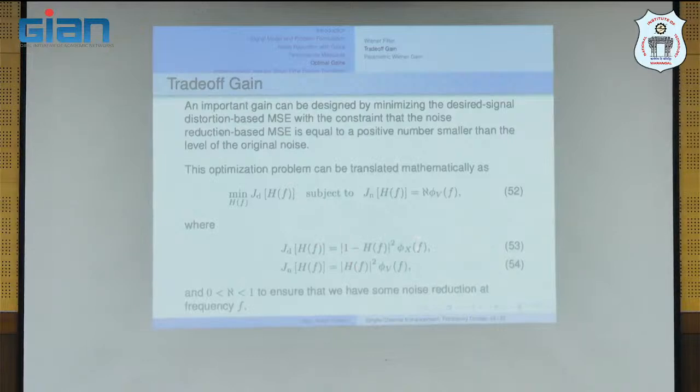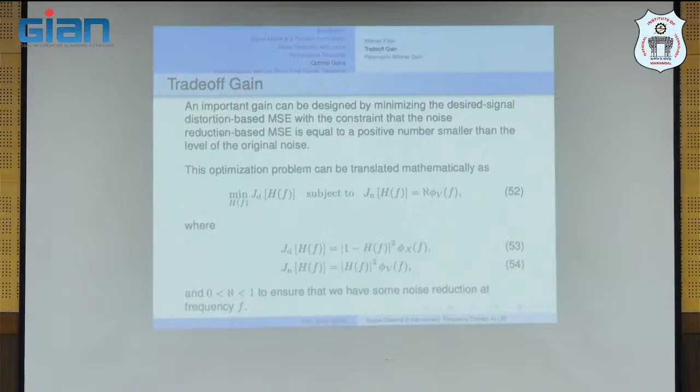One is related to the signal distortion, and one is dependent on the residual noise. And we try to minimize the distortion, MSE, subject to the noise-related MSE being Aleph, where Aleph is a parameter, multiplied with the variance of V.